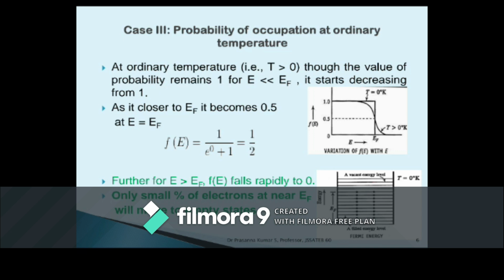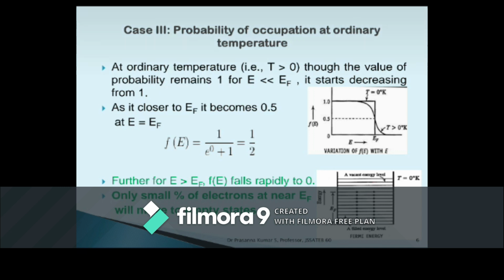But as you go up towards EF, you may expect some probability of an electron jumping into the vacant sites. If you choose an electron exactly at EF, then according to the equation, E is equal to EF, therefore E minus EF becomes 0, e to the power 0 is 1, plus 1, therefore f of E is equal to half.